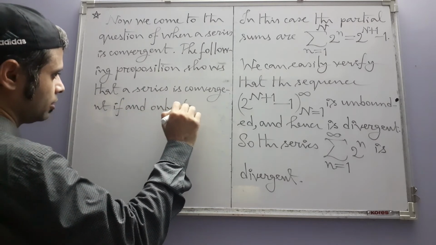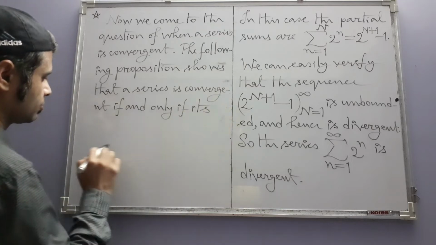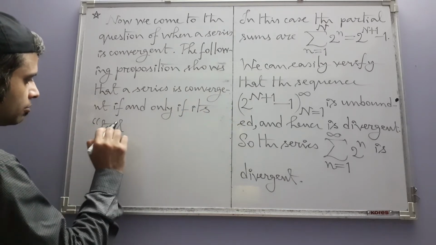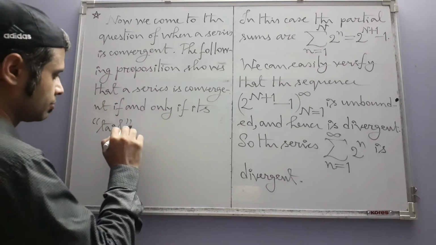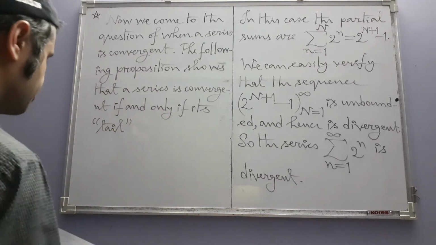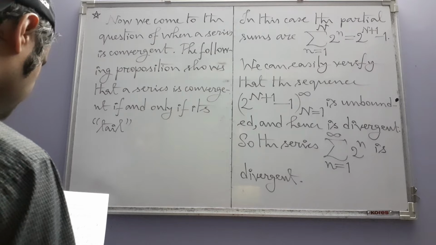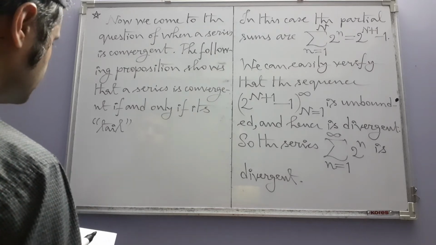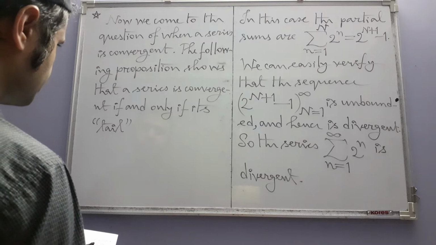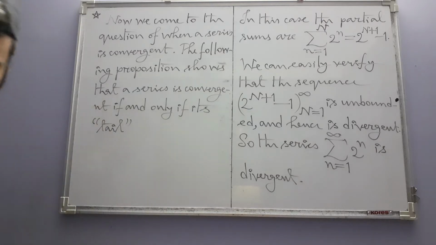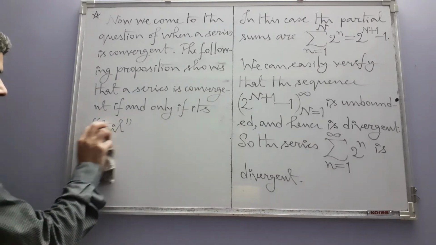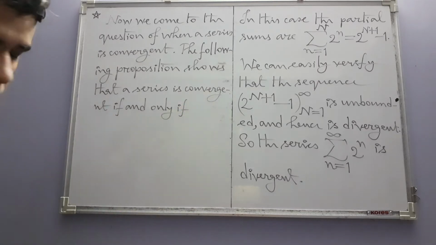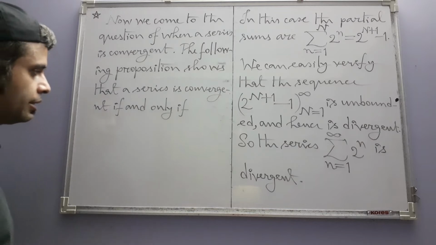if and only if its tail can be made as small as we want. Technically speaking, the tail of the sequence, because this is not a mathematical technical term, we can say tail of anything.